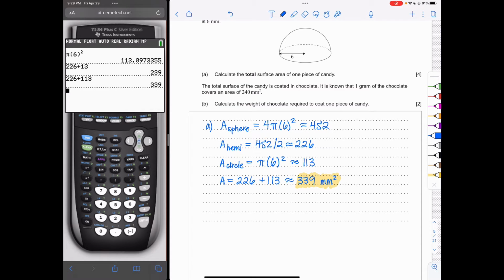So when I do that, I end up getting approximately 1.41 in 3 sig figs. All right. And we know that this is going to be in grams.